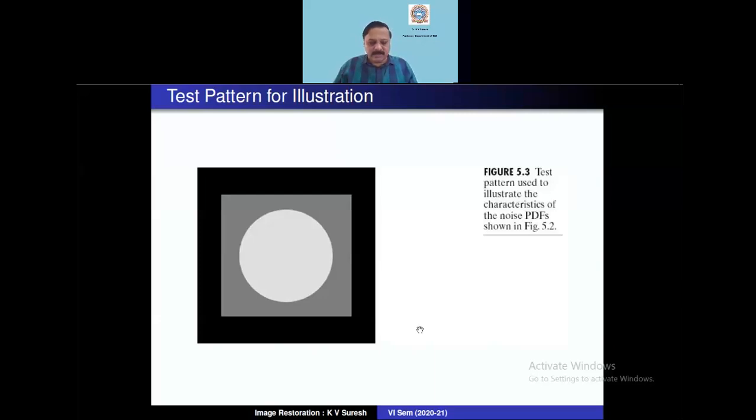Hello, can somebody respond? Okay, so Rakshita says yes. So what do you think is the histogram of this image?